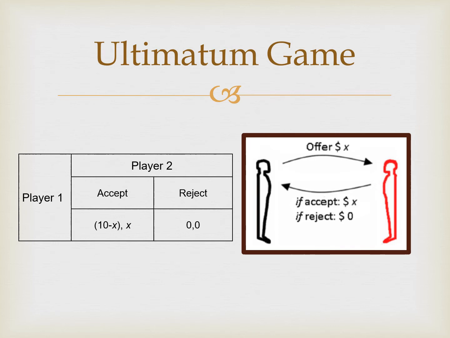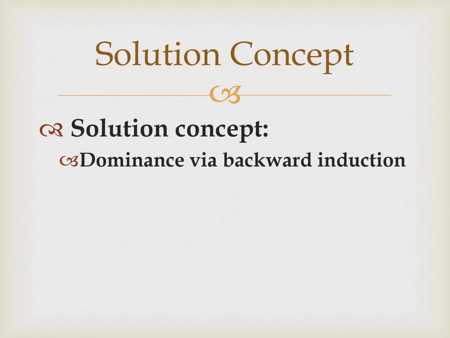The natural solution concept to this is dominance solvable. It seems kind of odd, but there actually is a dominant solution to this game. Using backward induction, we get a dominant solution.